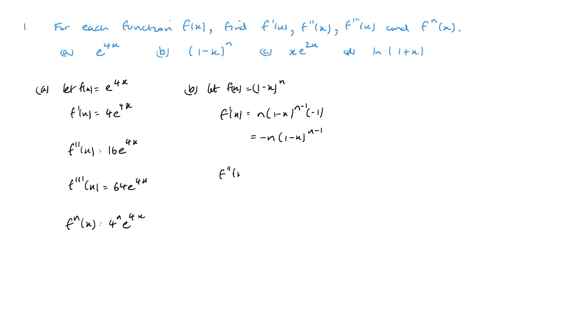Now, f double dash will be, so we've got minus n times n minus 1, (1 minus x) to the n minus 2 times by minus 1, so it's n(n minus 1)(1 minus x) to the n minus 2.